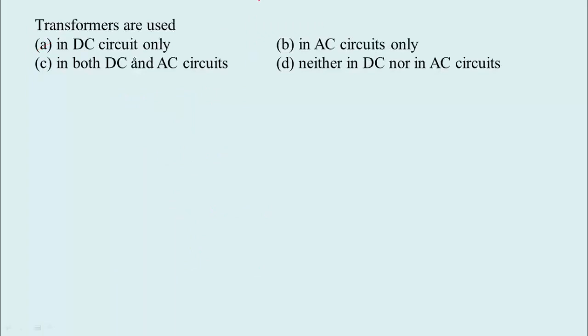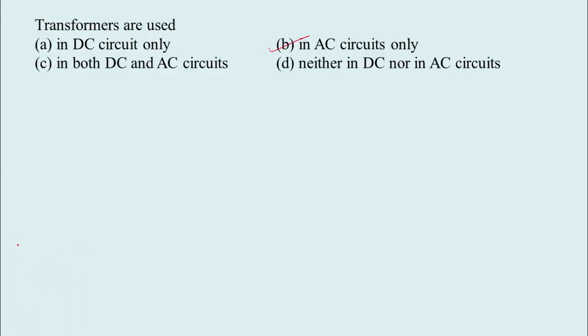Transformers are used... The first option, in a DC circuit; second, in an AC circuit; third, both DC and AC; and fourth, neither in a DC nor in an AC circuit. Transformers are used only for AC circuits. Remember, it works on the principle of mutual induction.